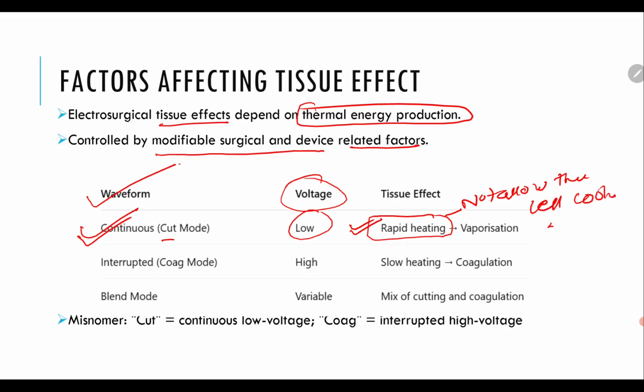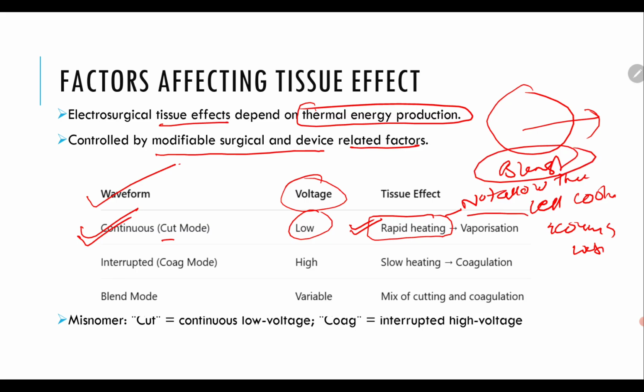The cooling effect of the cell is lost. So the cell will suddenly burst. Bursting of the cell is called vaporization. The vaporization, a sudden burst of the cell, causes the cutting effect in the tissue.